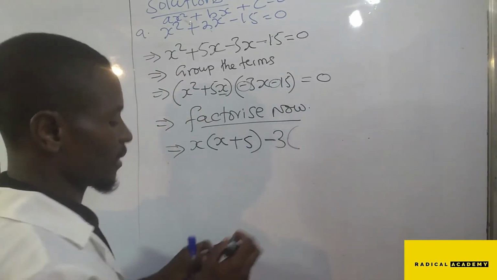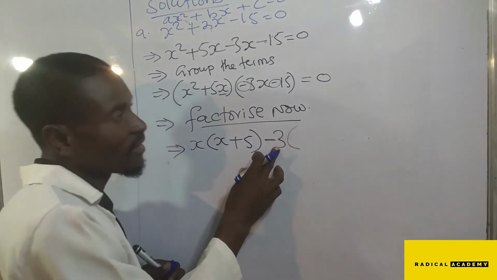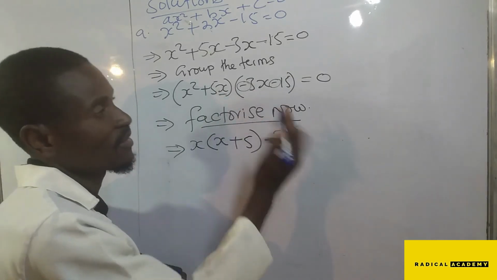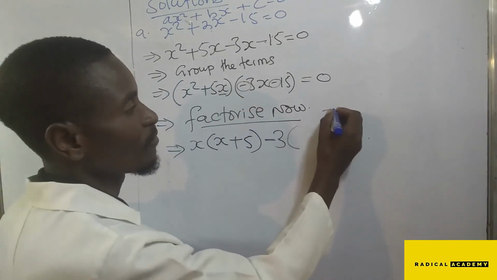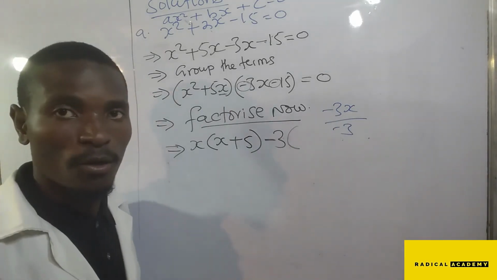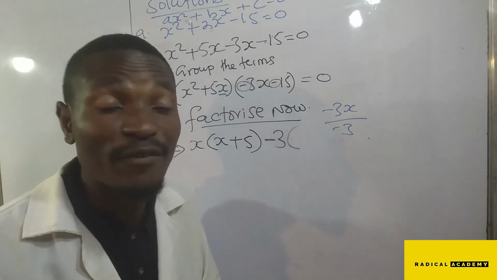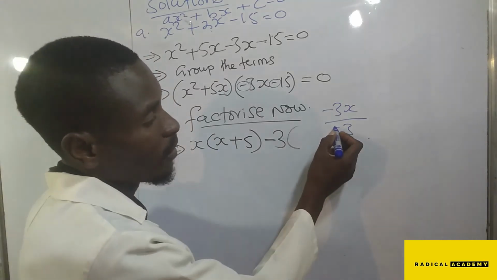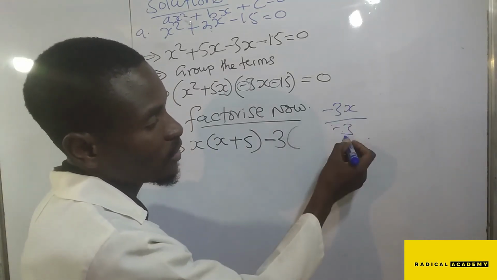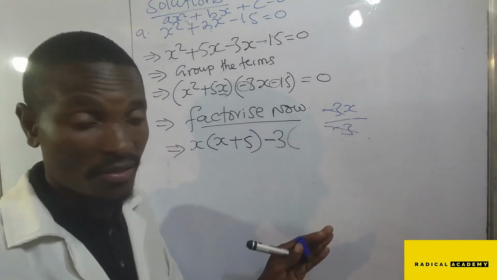So open the bracket. Negative 3 into negative 3x. We are just applying the law of division. Negative 3x divided by negative 3, we just remain with the x.